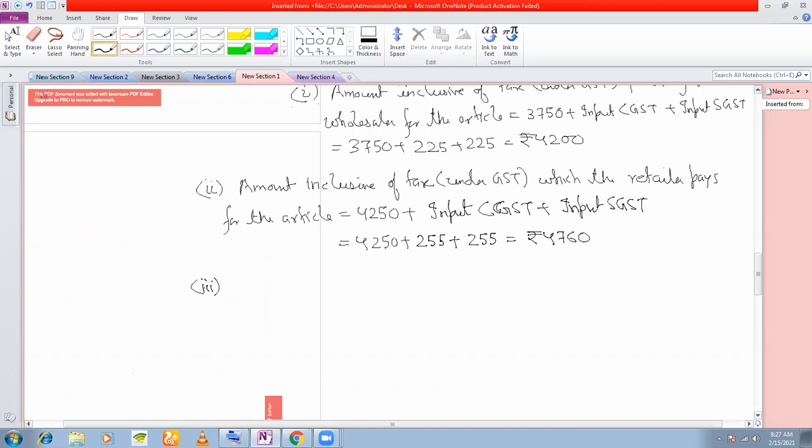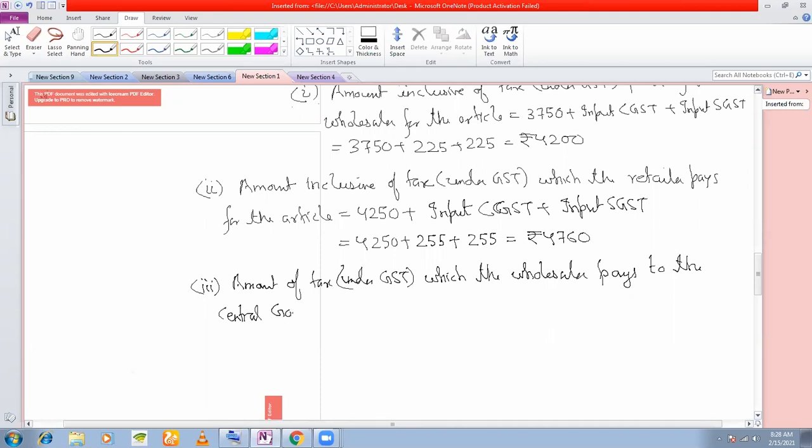The third question is the amount of tax under GST which the wholesaler pays to the central government. What is this tax that he is paying?